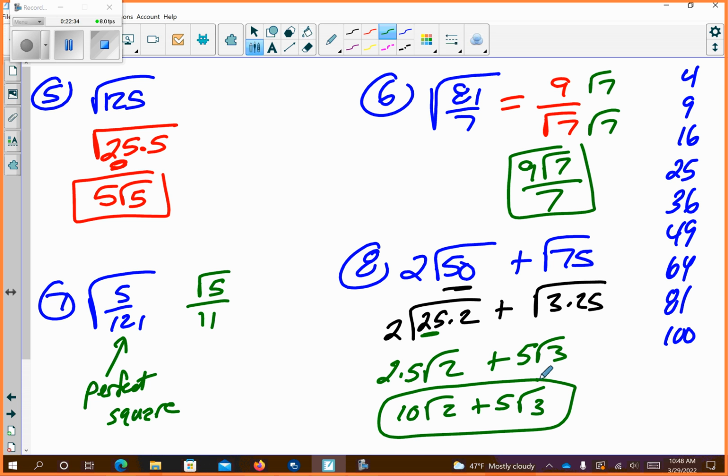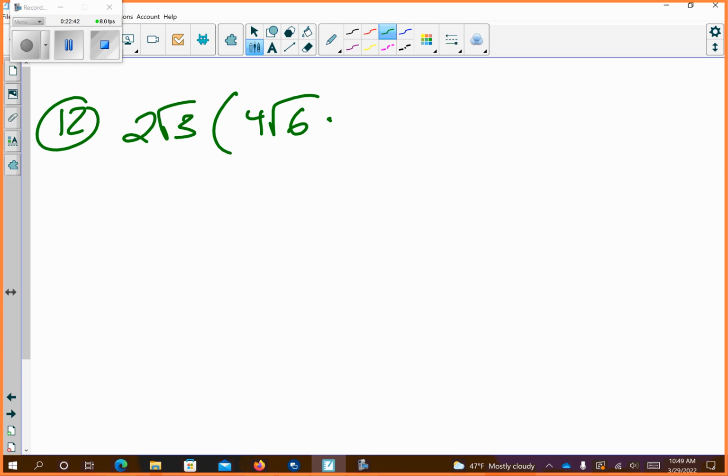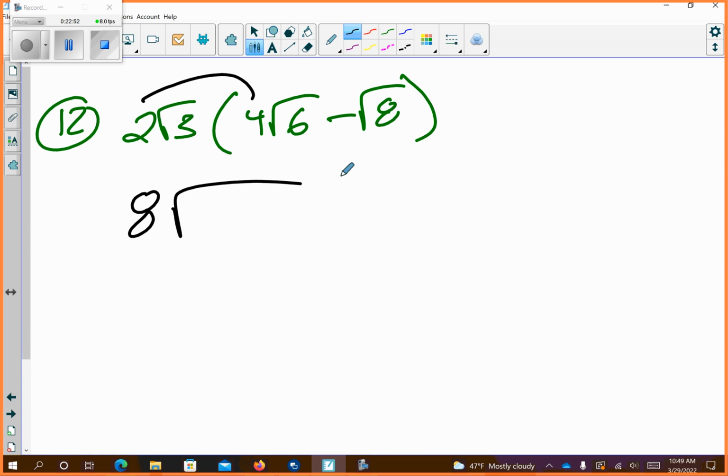The last problem I want to do is number 12. Okay. What do you think? Talk to me. Yep. And then? Okay, root 3 times root 6.